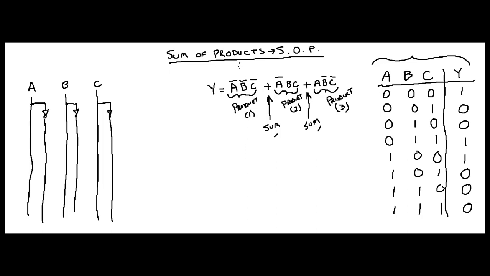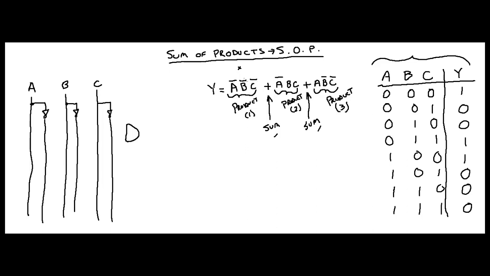Now let's look at this one right here, right? This first one. Well, that one, basically, you're going to have to write an AND gate here. This is an AND gate, and we have A, B, and C inputs, 3 inputs, but they all have bars over them, right?